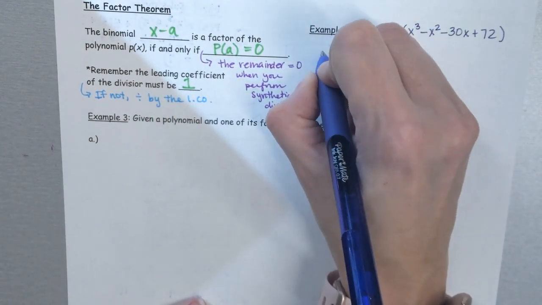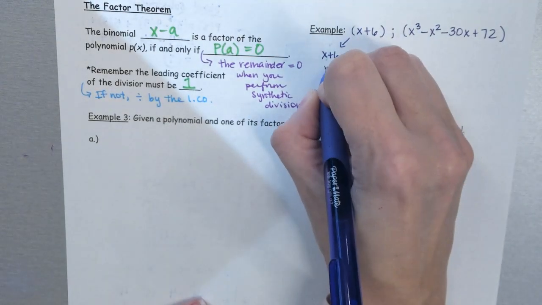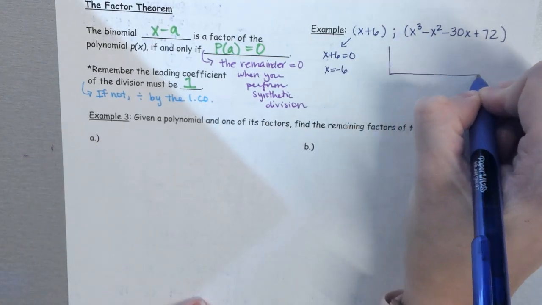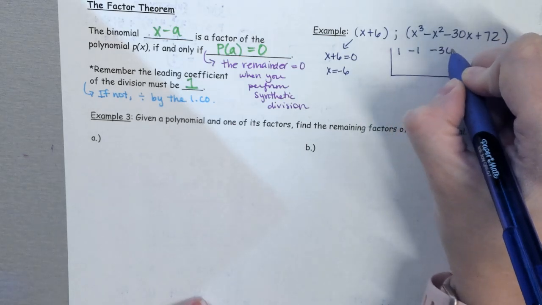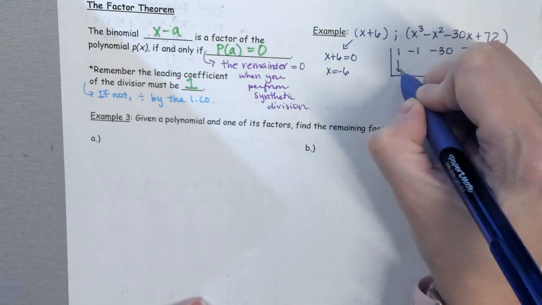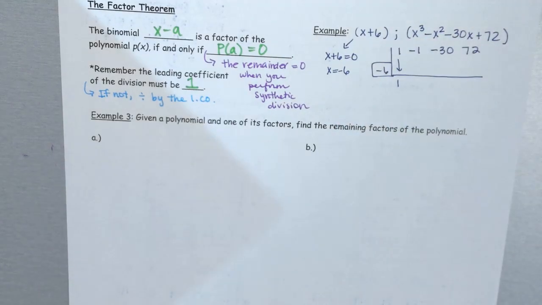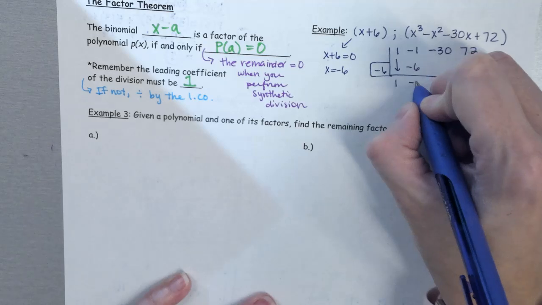So if we're going to do synthetic division, we would take x plus 6, set it equal to 0. Okay, we're going to set up our synthetic division here. So if they asked you, is x plus 6 a factor of the polynomial, you could perform synthetic division.